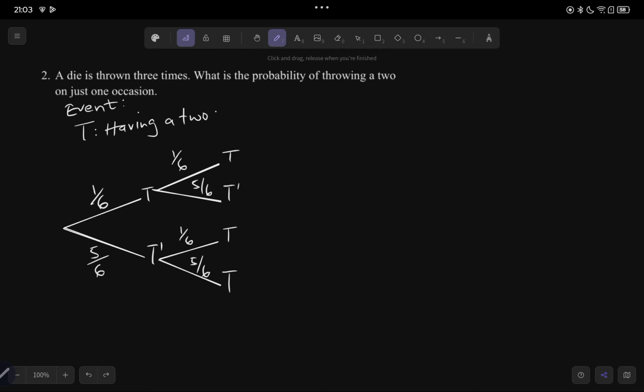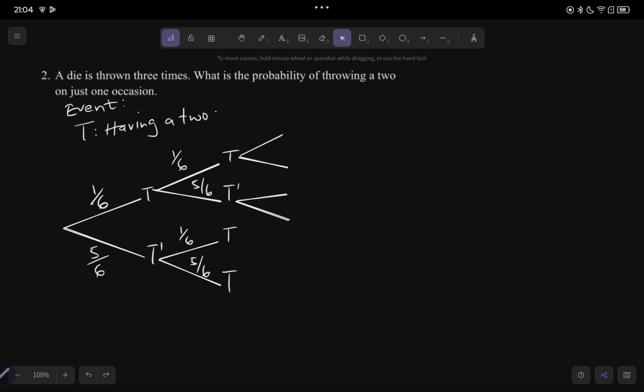Now, on the third throw, again you may have two outcomes.